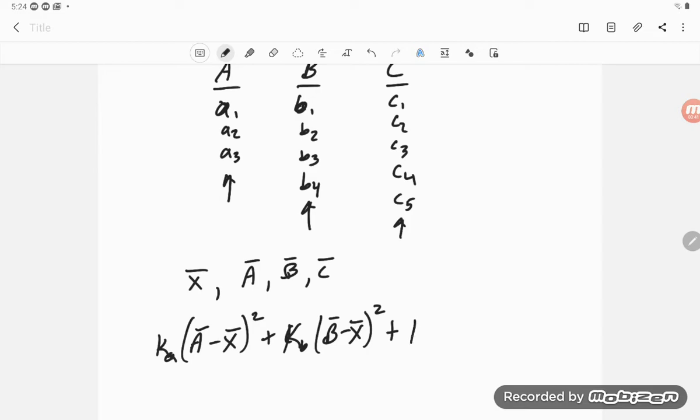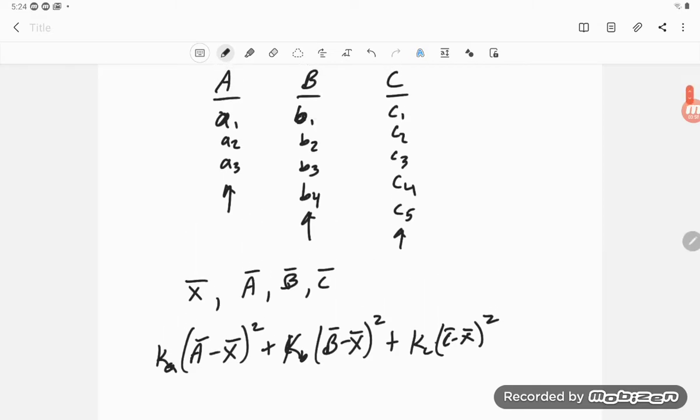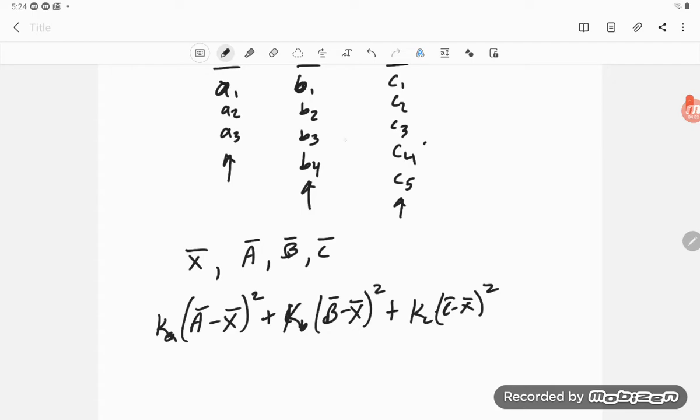That's a variance between columns. We're looking at how much the average here differs from the overall average, how much the average here differs, and how much the average there differs from the overall average.